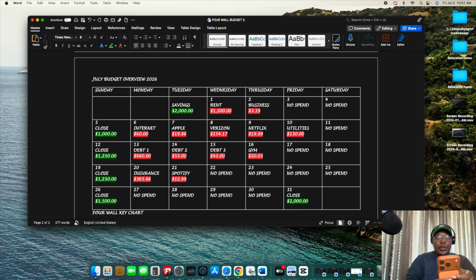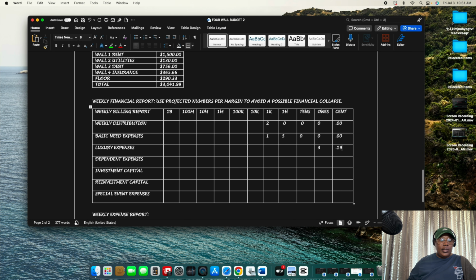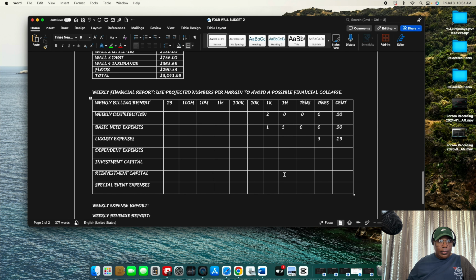But in order for us to do that, we had to take the 2,000 from our savings, subtract our rent at 1,500, the business expense at 3.19, to see that we had $496.81 remaining, which is where I'll add that throughout our reinvestment capital line of revenue in the form of rolled over funding.